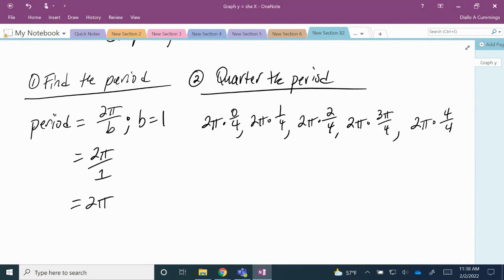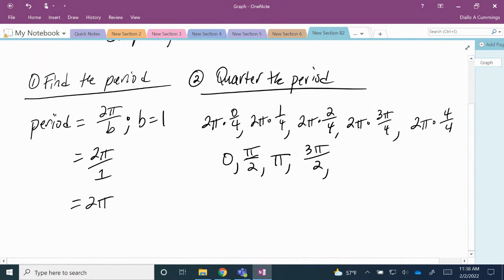And now we're going to reduce. 2 pi times 0 is 0. 2 pi times 1/4 is pi over 2. 2 pi times 1/2, or 2 pi times 2/4, we should get pi. 2 pi times 3/4, we get 3 pi over 2.